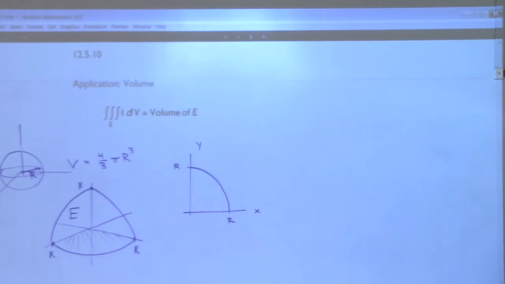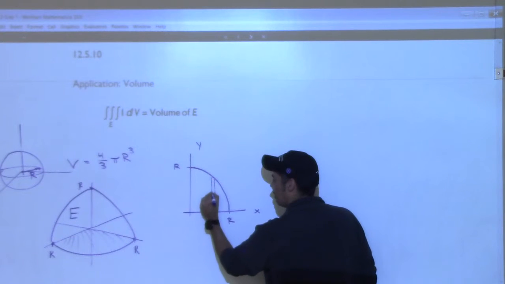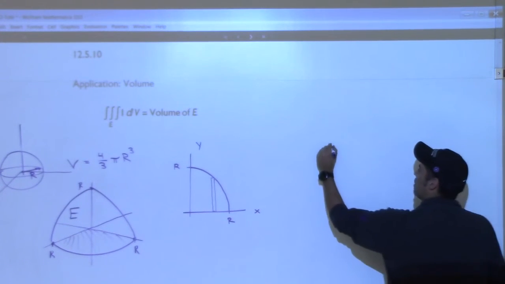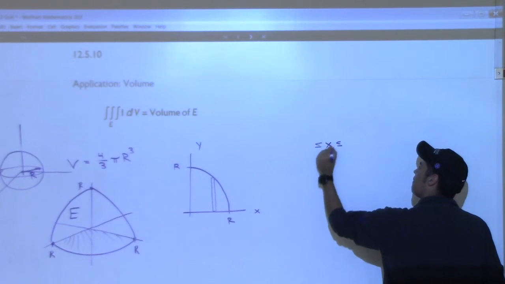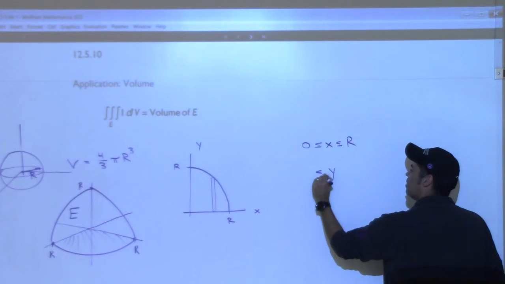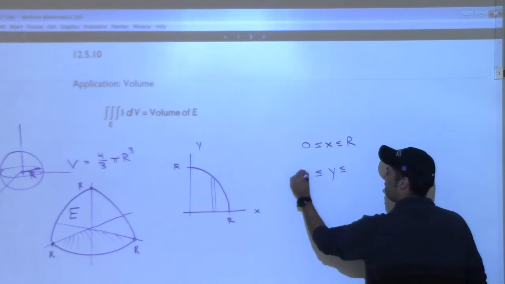Okay, let's try and visualize this as being type 1, like that. Do we have X between two constants? 0 to R, right? Do we have Y between two functions of X? Yes, what are they? 0 and?